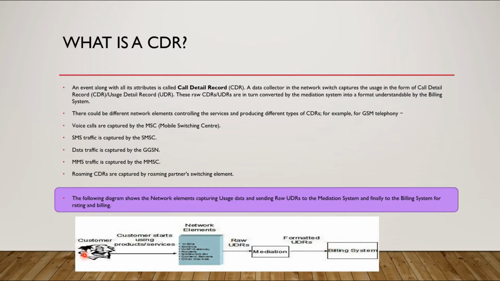So this is the customer who is making some usage, which generates CDRs on some of the network elements, and then these raw CDRs go to the mediation, which decodes and formats them and gives them to the billing system. The billing system, as you know, generates your bill at the end of the bill cycle, and then you receive your bill in the form of a PDF. This is how it happens.